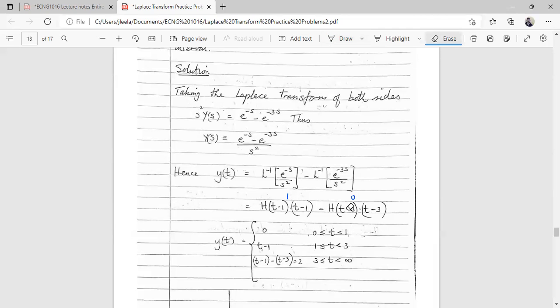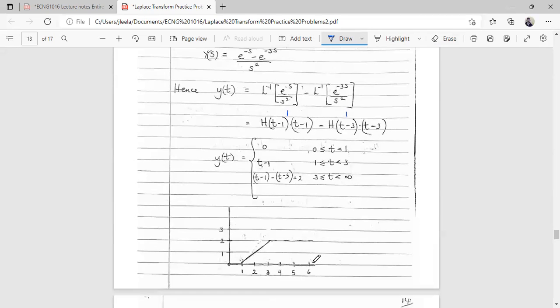And then beyond 3, both Heavisides will be 1. So you get t minus 1 minus t minus 3. You notice the t's will cancel and you get minus 1 plus 3 is 2. So the function between 3 and infinity is defined to be 2, right?